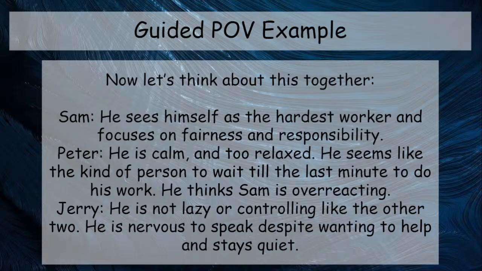Jerry is not lazy or controlling like the other two. He is nervous to speak despite wanting to help, and stays quiet. So he wants to stop them from fighting, but he's not lazy and he's not over-controlling, but he's too scared to speak out because he's shy and he stays quiet.